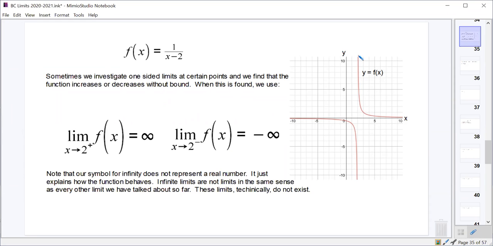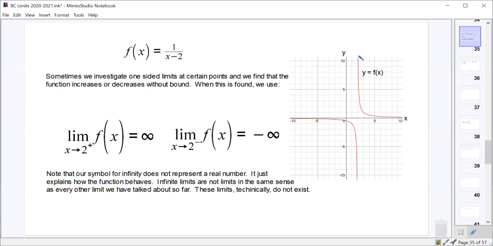So anytime we are looking at a limit at a vertical asymptote that becomes infinity or negative infinity, your answer might be infinity, it might be negative infinity, or it might be does not exist if it was like a multiple choice question on the AP test. So just be aware that these limits that equal infinity technically don't exist.